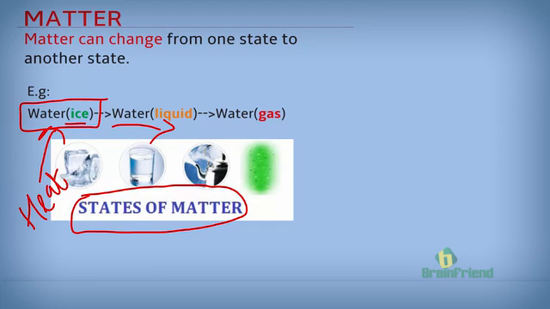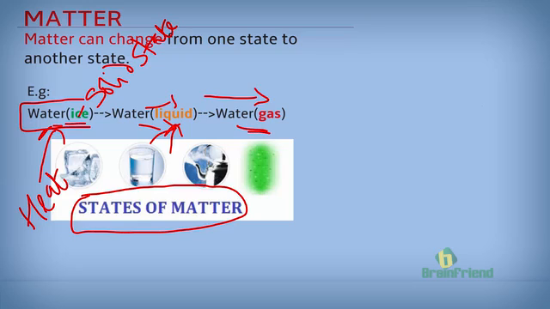So it means that ice, which is the solid state of water, gradually changes into the liquid state. If you further apply heat to water, it changes from the liquid state to the gaseous state.